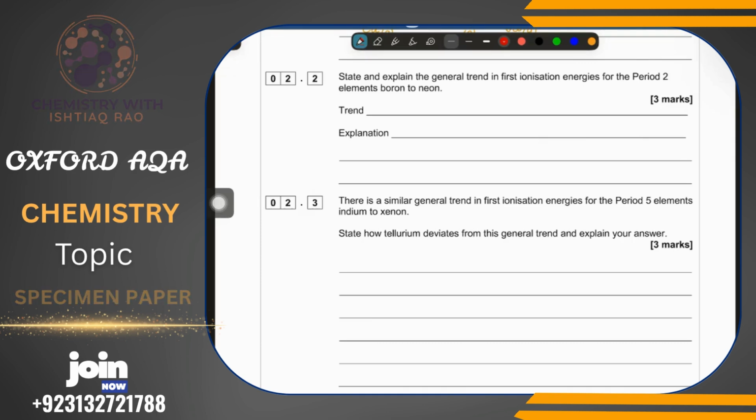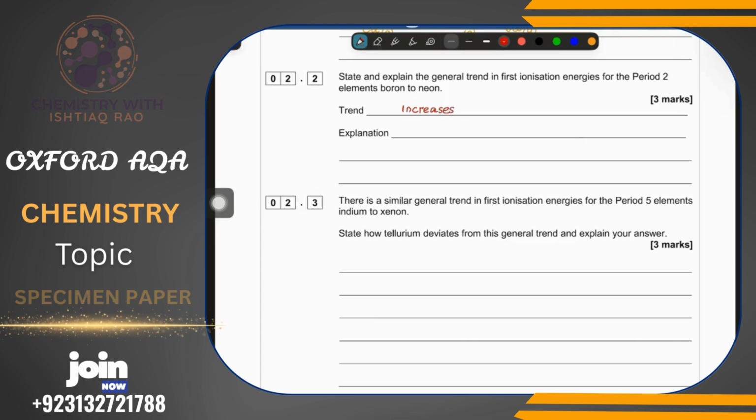There is no change to the shielding, but the repulsion increases between the nuclear positive charge and the electrons. So I think the ionization energy increases across the period, right? Because the size is going to decrease, isn't it?